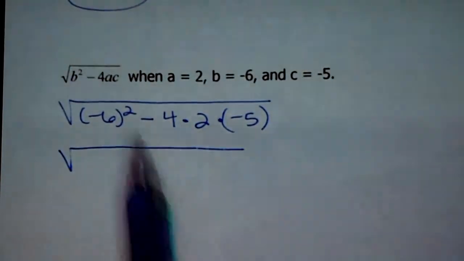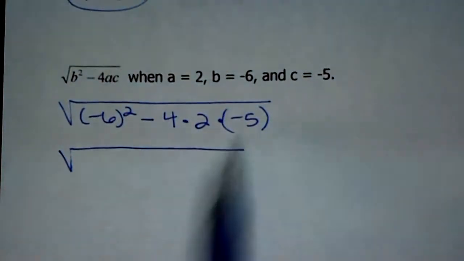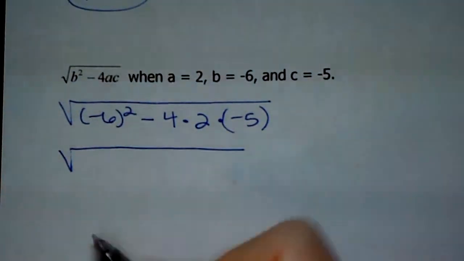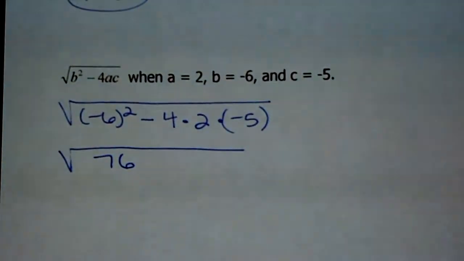All right. Now, in your calculator, you can type in the quantity of -6 squared minus 4 times 2 times -5, and it's going to give you 76. So we get the square root of 76. I'm not sure if that's actually in simplest form or not. I know that 76 is even, and that 2 will go into it, right? So if you take 76 and divide it by 2, you'll get 38.